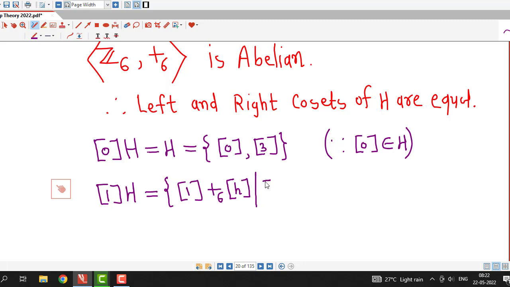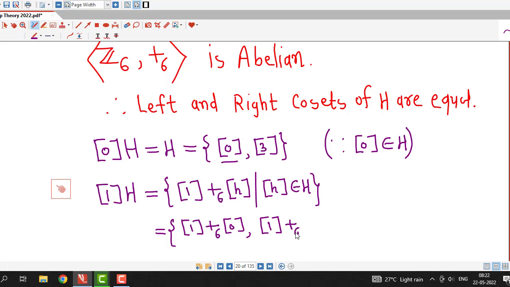So we write equivalence class generated by h, where h is in capital H. Now capital H has two equivalence classes, so we first write 0. For h equal to 0 we will have this element, and for h equal to 3 we will have this element.